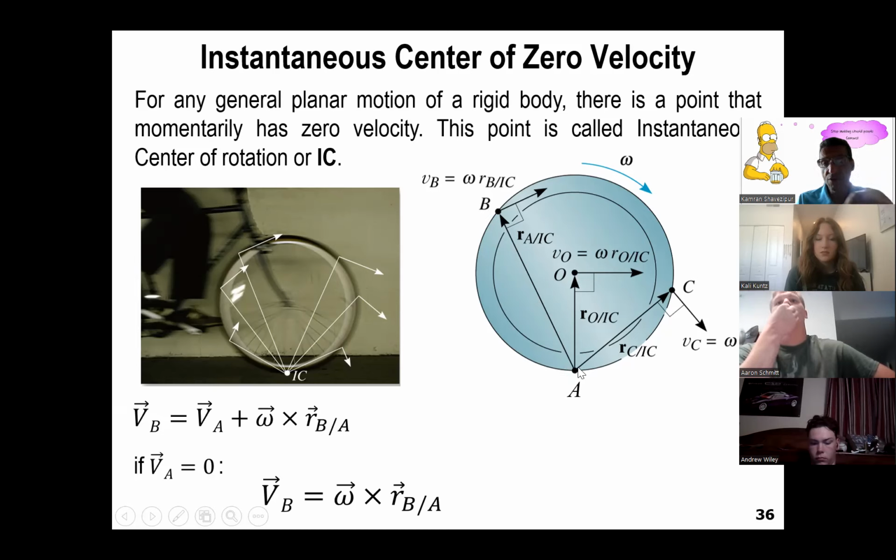We call this point with zero velocity the instant center, and we show it with IC. So R_B with respect to IC is technically the radius of rotation about this temporary center of rotation. And that makes life easier.